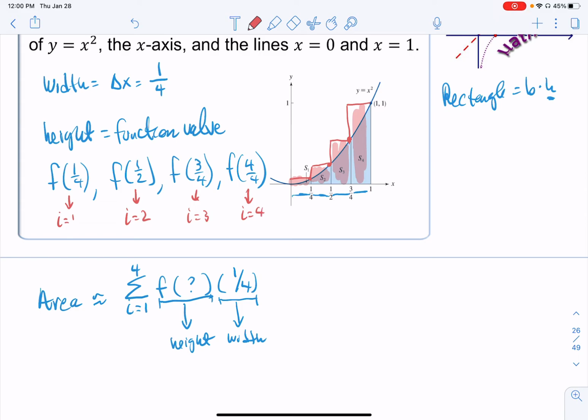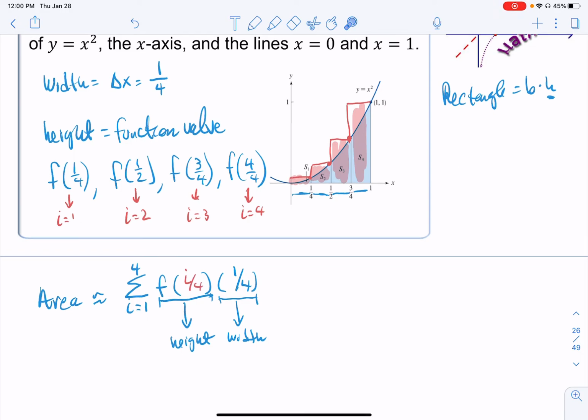So if we were going to generalize it, can you see that this one is just i equal to 1/4, i equal to 2/4, so 2/4 would reduce to 1/2, i equal to 3/4, and so on. And so in general, take out this question mark and put i/4. And remember when we were talking about that summation notation, you would start with this 1 and plug the 1 in and evaluate it, plus then you increase by the next integer, you'd stick 2 into that function, and so on until you get to 4.